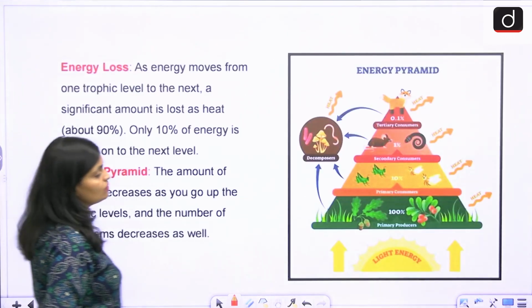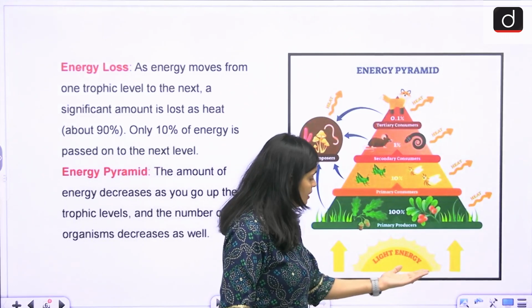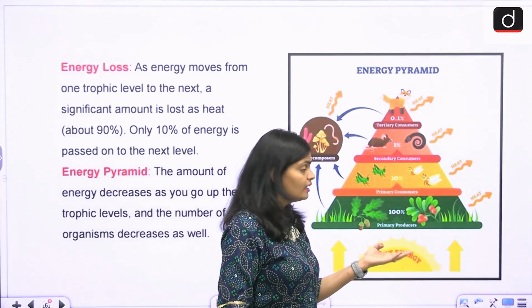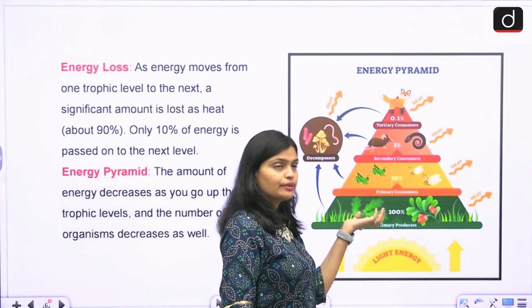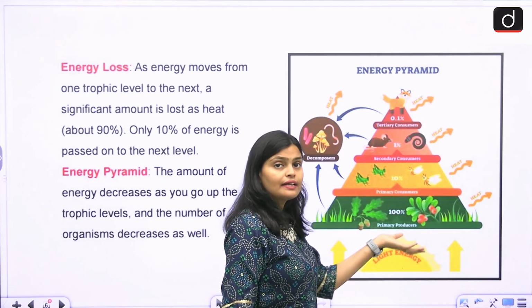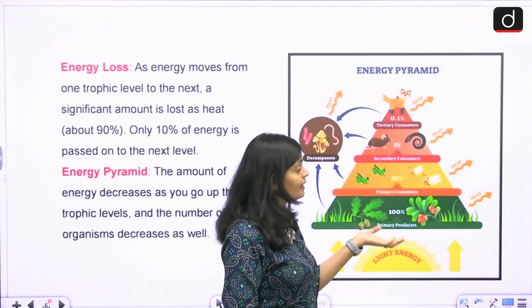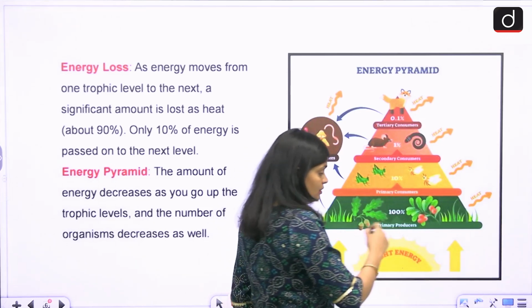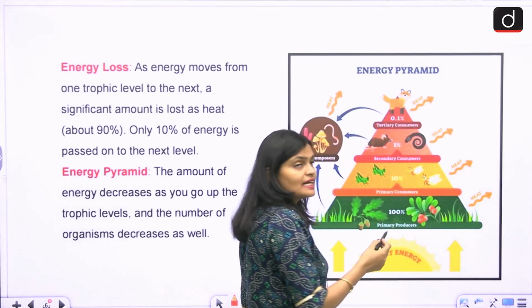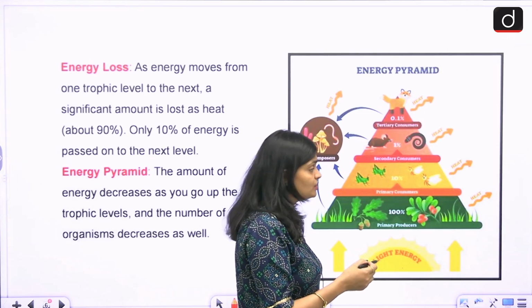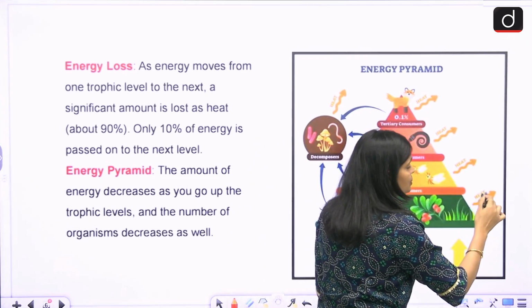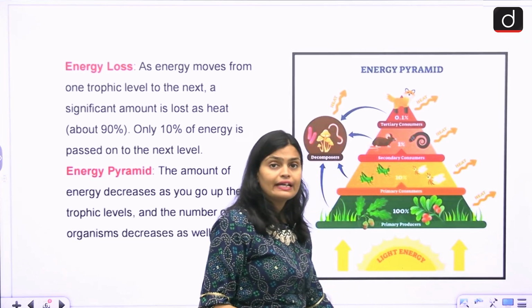See, this is your diagram. Here, light came from the sun. Now the plants, the primary producers, use that sunlight and produce food, right? Since the plant uses some amount of energy, the remaining energy is lost in the form of heat.